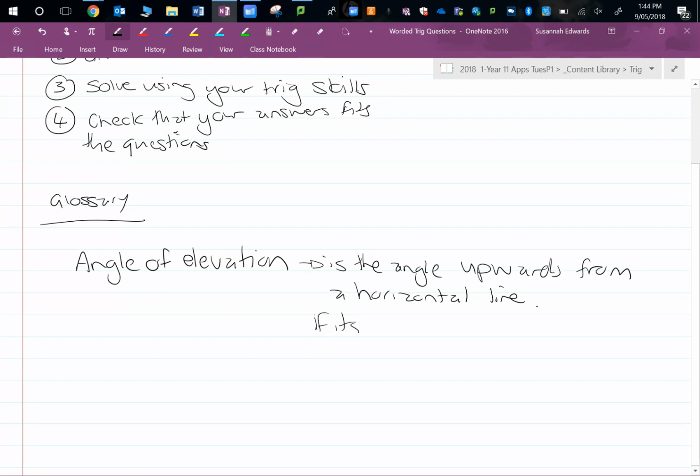If it's an angle of elevation from a person, it is often from their eye line.